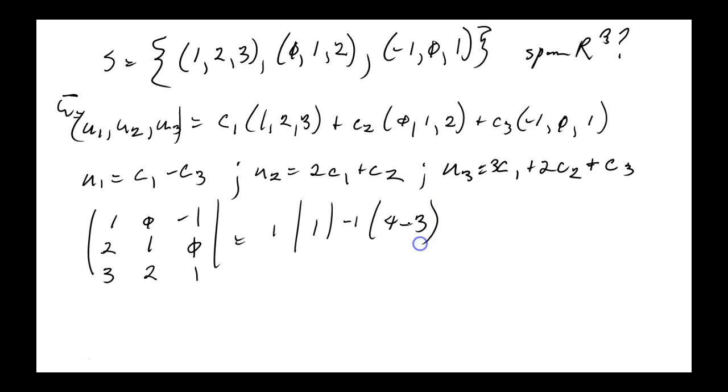So 1 minus 1 equals 0. That's a singular matrix, so therefore it cannot produce a linear combination. So always check the determinant before you go through and set it up.